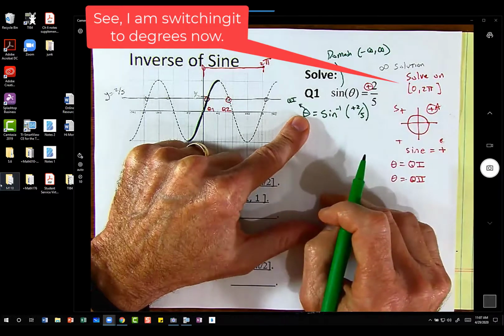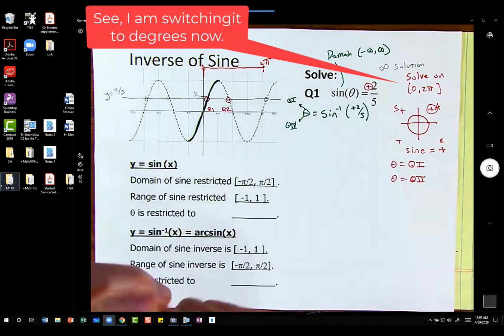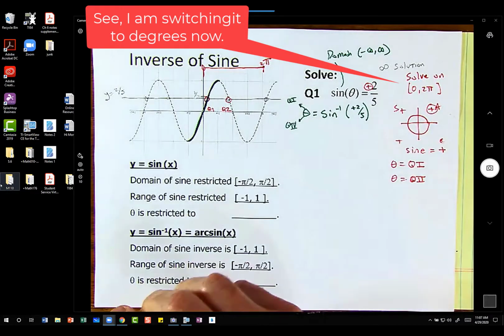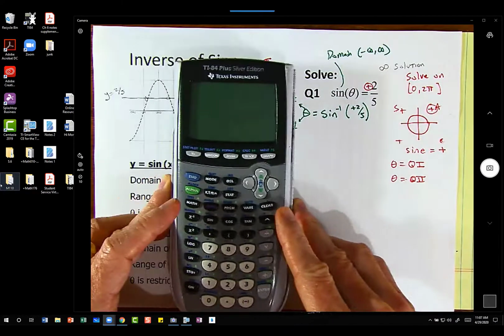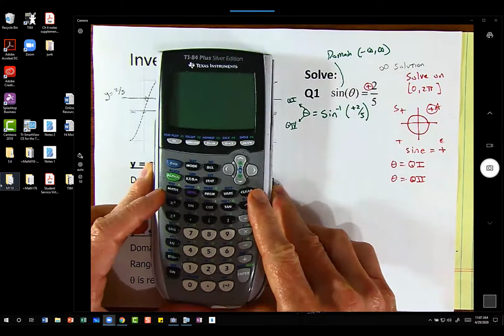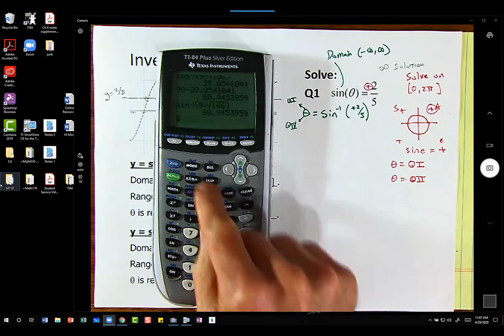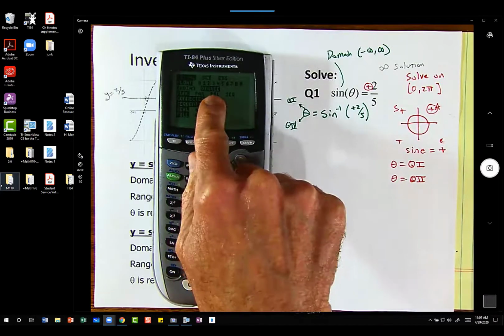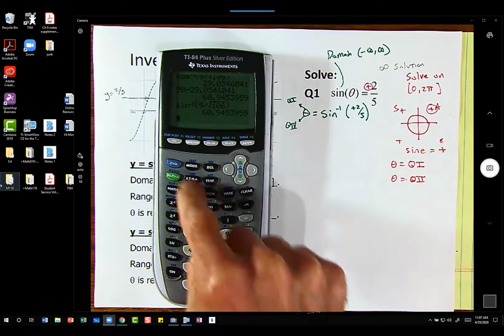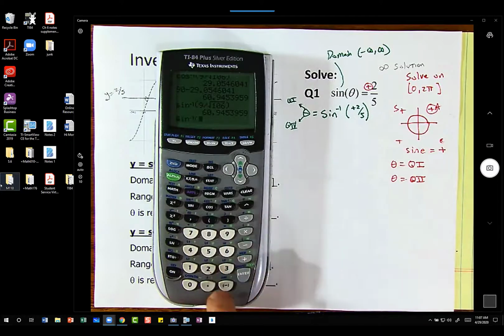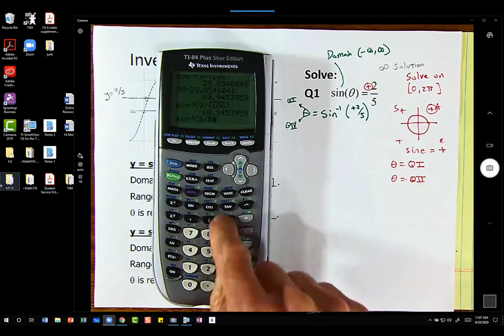Okay, let's do it in degrees. Let's pull up our calculator and get a degree answer here. We're going to make sure we're in degree mode. We are. And then we're going to do sine inverse of 2 divided by 5.